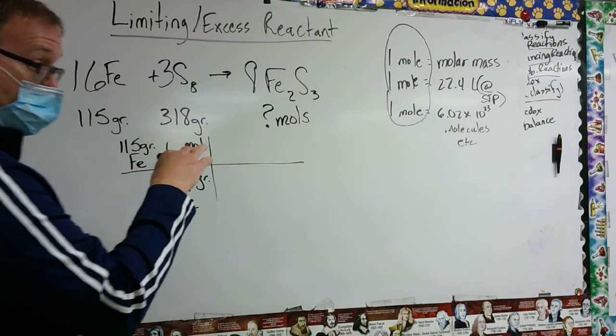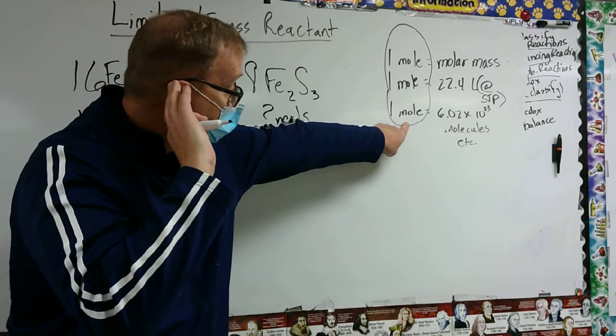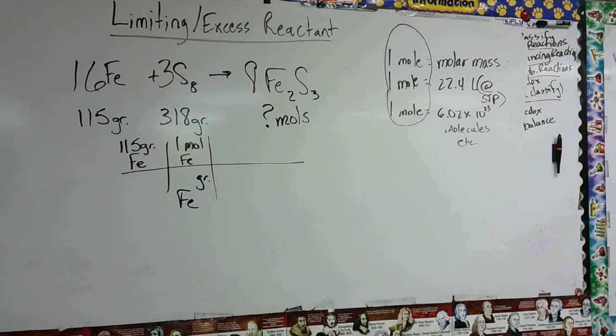I'm following the same process, right? Which one's the big one between the two of them? The mole. Of Fe. And what is my mass of Fe, or where do I find it? How about that white sheet?